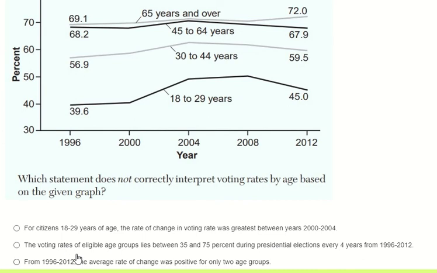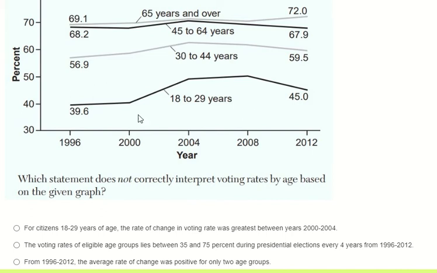So let's look at the second one. The voting rates of eligible age groups lies between 35 and 75% during presidential elections every 4 years. So we're always between 35 and 75. Right here is 30%, right here is 40, so that's 35.